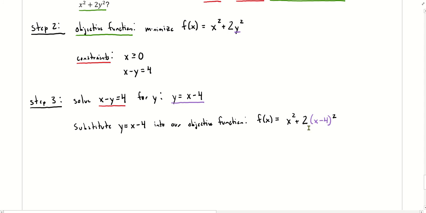I'm going to have to do that in a second, so I'm just going to leave it as it is. And I know from my constraints, if I think about the domain of f of x, I know that x has to be greater than or equal to 0 based on this.